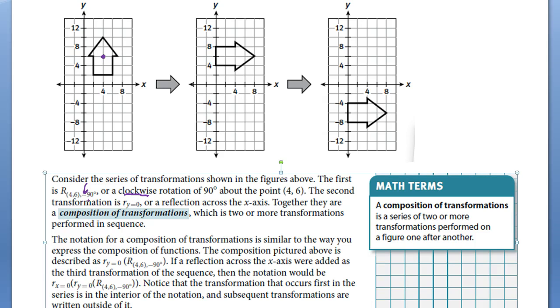Now, it might be a little counterintuitive. A negative degree rotation is clockwise. The reason for that is that angles are defined like this. If we have a side of an angle and then we lay one right on top of it, that's a 0 degree angle. If we go up a little bit like that, maybe that's a 1 degree or 2 degree angle. If we make that angle a little bit bigger, maybe that's now 30 degrees or something.